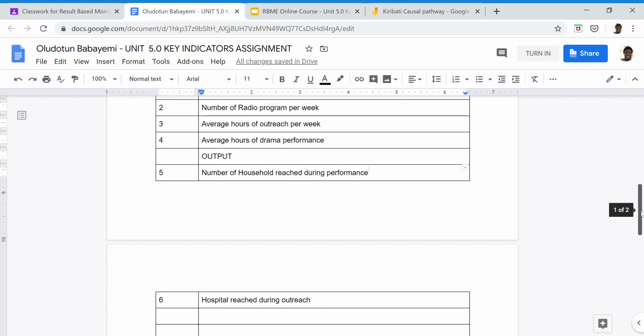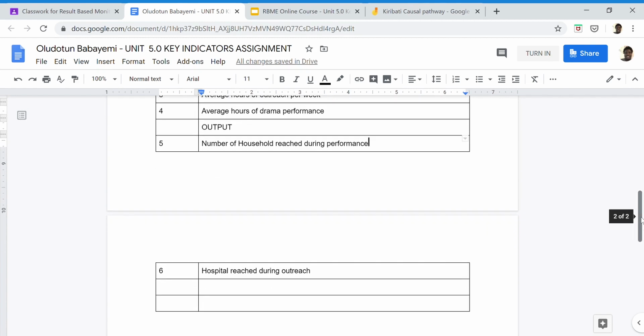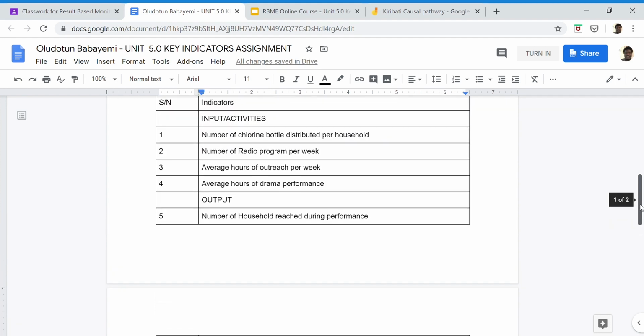Hospital weeks doing outreach, say 7. Callers to the radio program: if it's a calling program, this is the output stage.